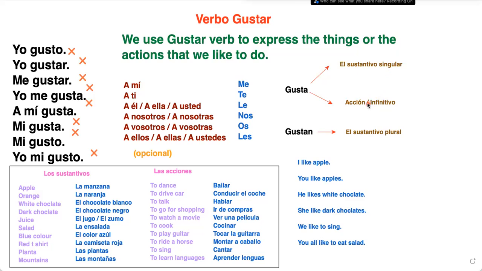We have to use gusta only in every situation except when we have a plural noun, that is gustan. They like to learn languages, right? So I like opcional, obligatorio.